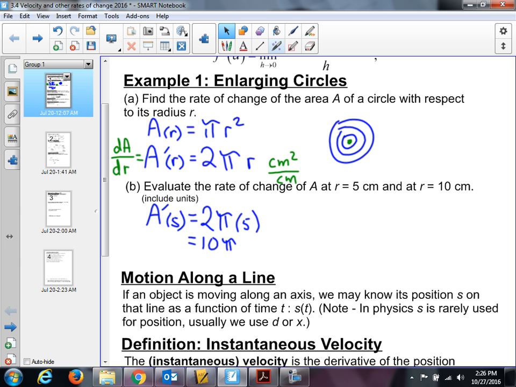Now, I'm going to say centimeters squared per centimeter. We could just call it centimeter, but I just want to make sense of the units. Centimeters squared of area per centimeter of radius, and that's why I'm putting this out. I wouldn't normally say it that way.